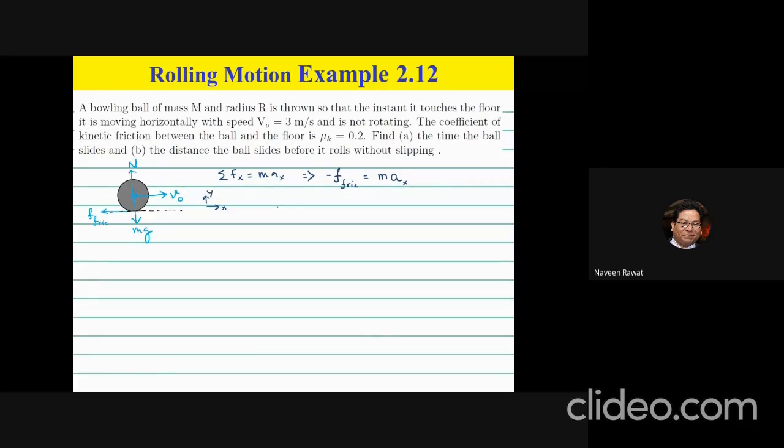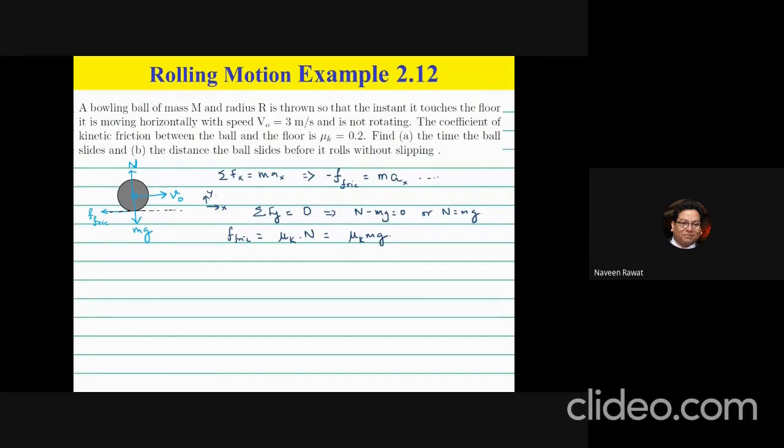So what is the force of friction? To calculate it, we sum the forces in the y direction. Because the object is not moving in the y direction, that should be 0. That means N minus mg has to be equal to 0, or N is equal to m times g. Now the force of friction is given by the coefficient of kinetic friction times the normal force, so it is mu k m g.